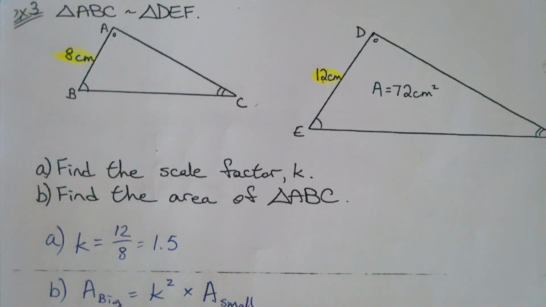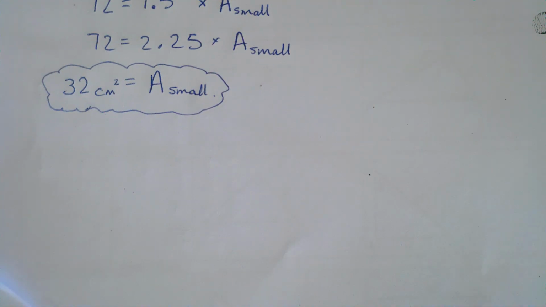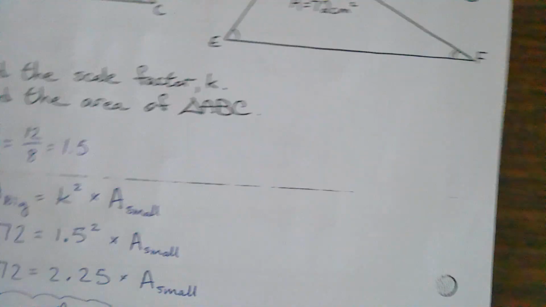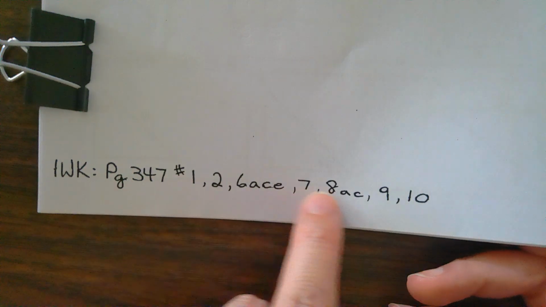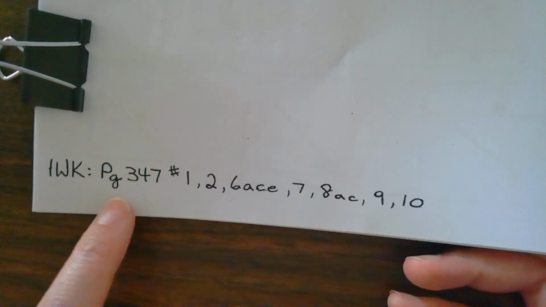Yeah, that's it with the similar triangle stuff. So with this new package, you can see the questions are listed on the bottom, page 347. These questions right here. Is there 300 pages in this little pile? At the back.